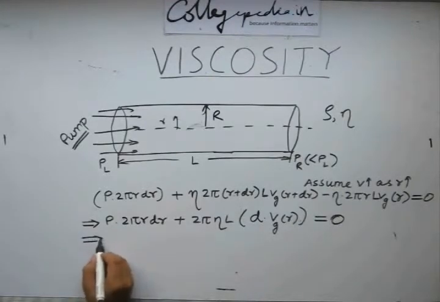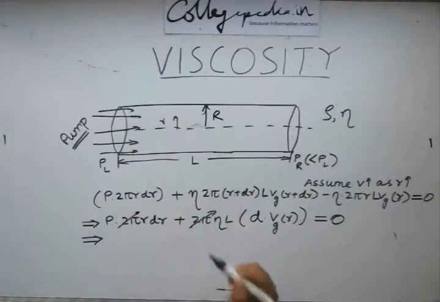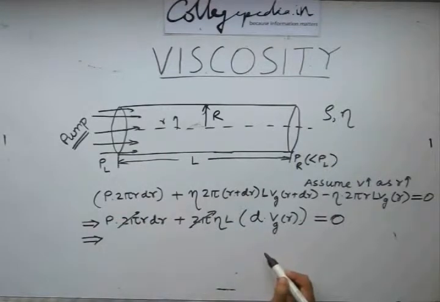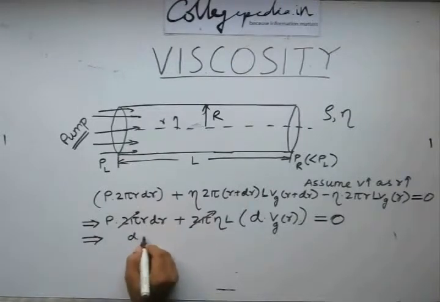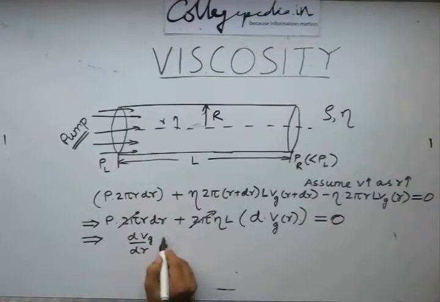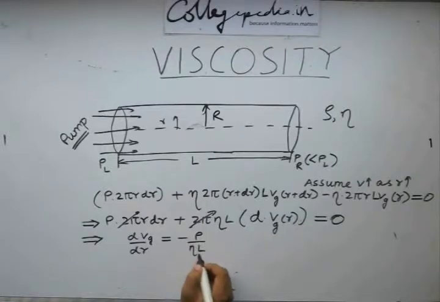If we simplify this, the 2 pi gets cancelled off, and what we will be left with is dVg by dr being equal to minus P by eta L. This is what we will be left with.